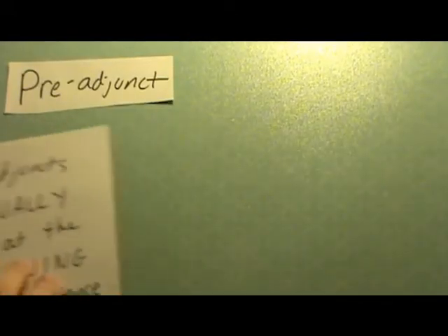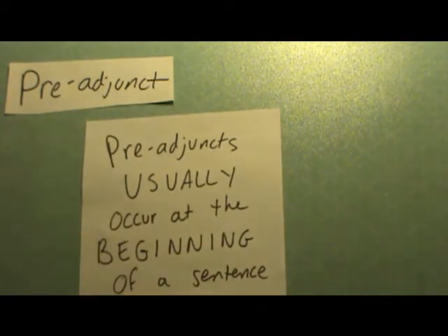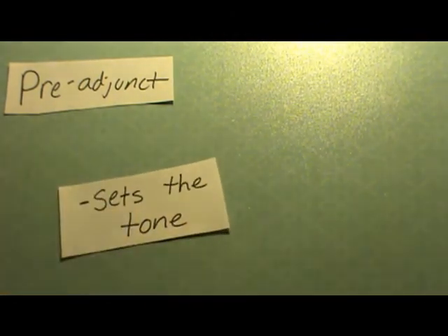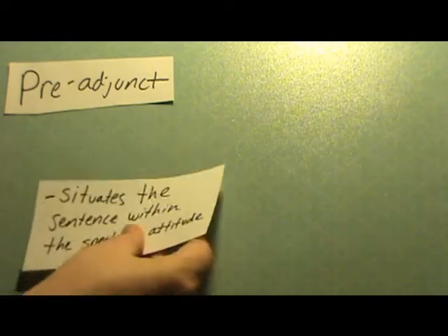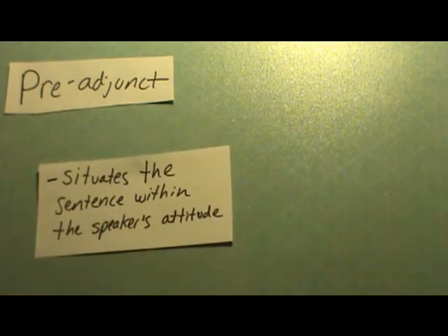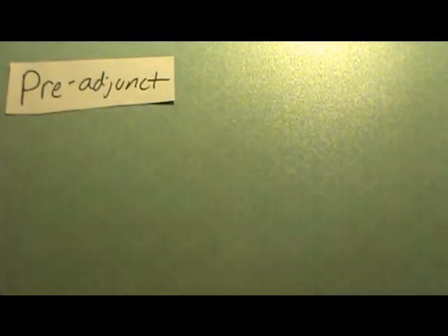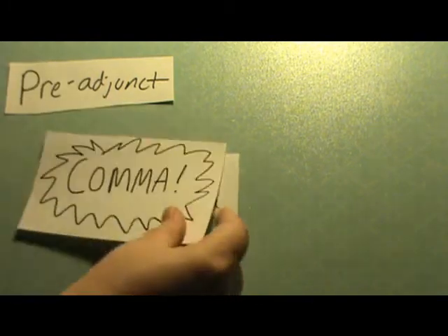Pre-adjuncts are unique because they usually occur at the beginning of a sentence. They set the tone. They situate the sentence within the speaker's attitude, speaker's views, and they are set apart by a comma.